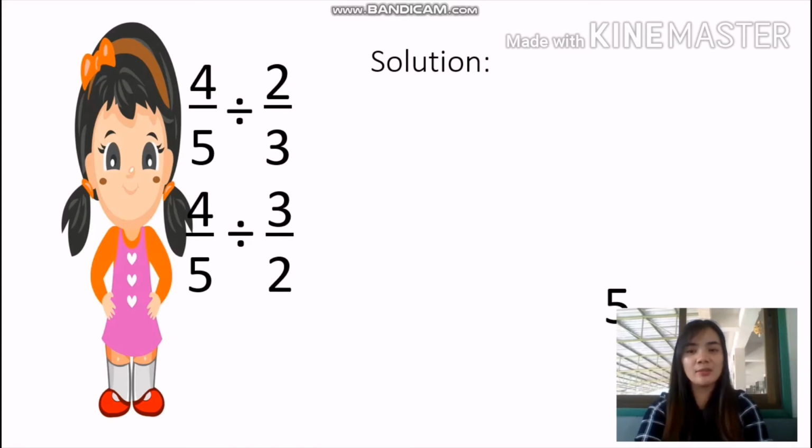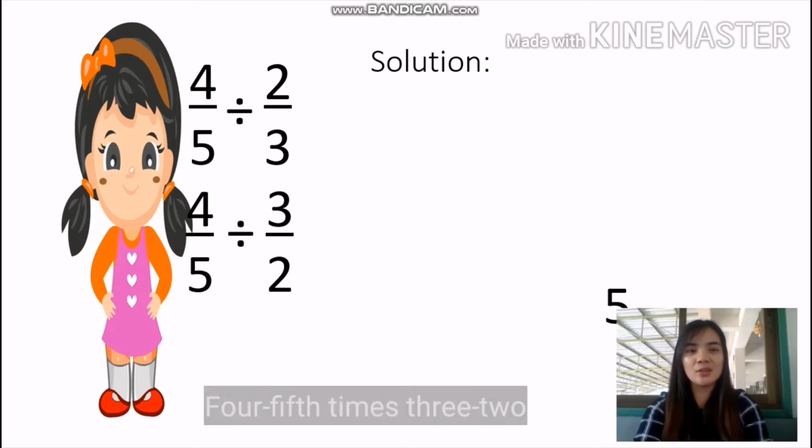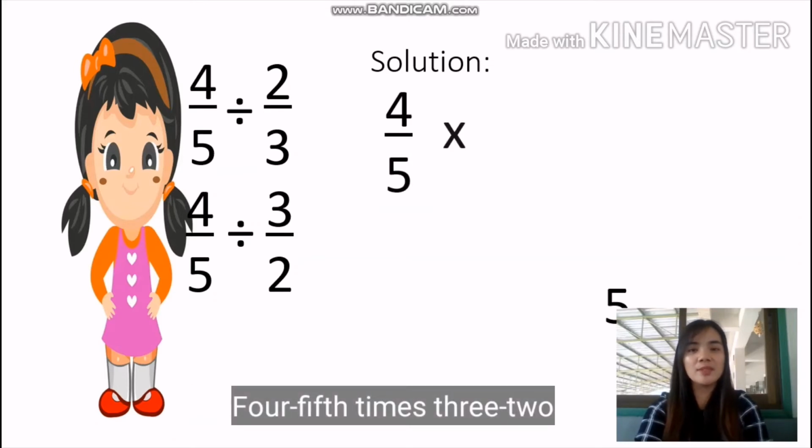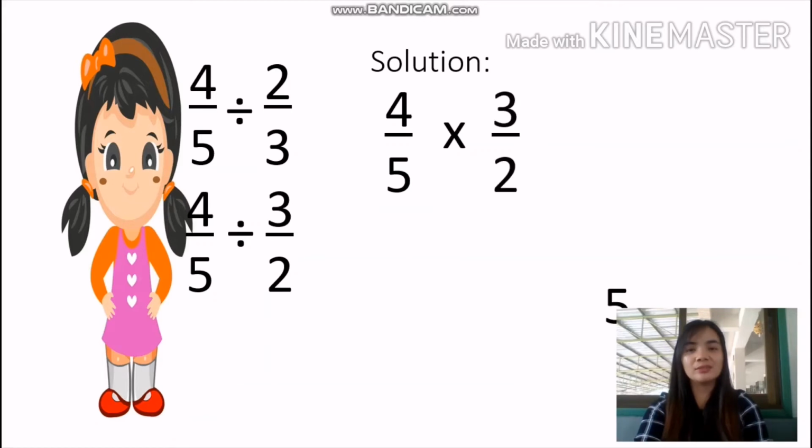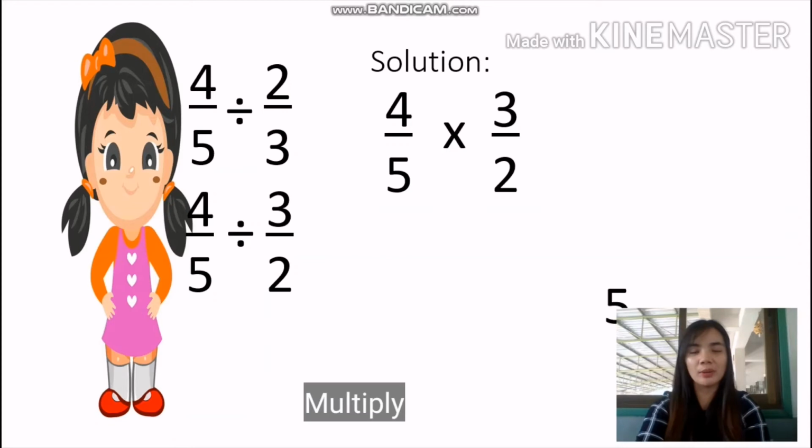Instead of division, we change it into multiplication. So 4/5 times 3/2. Then we can multiply both our numerators. So 4 times 3, that is equal to 12. Then 5 times 2, that is equal to 10.